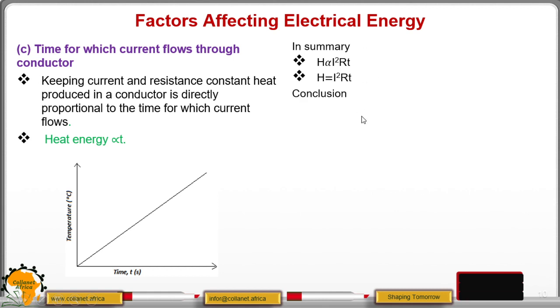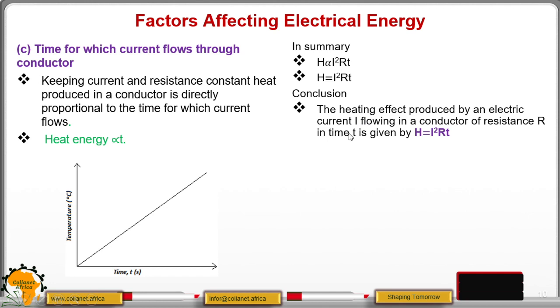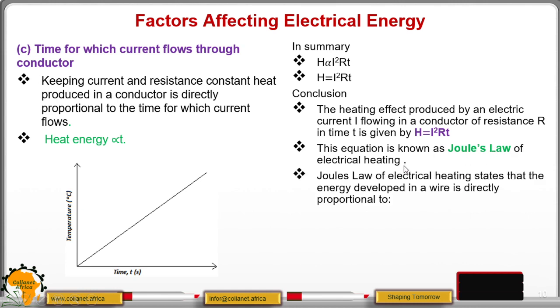From this summary, we can conclude that the heating effect produced by an electric current I flowing in a conductor of resistance R in time T is given by H equals I squared R T. And this equation is called Joule's law of electrical heating.